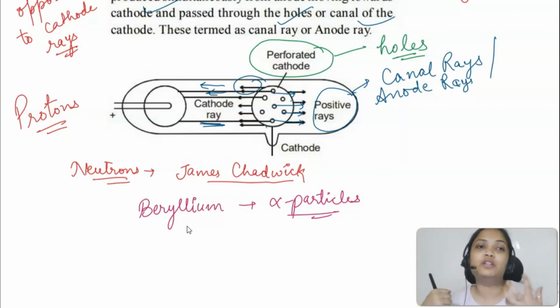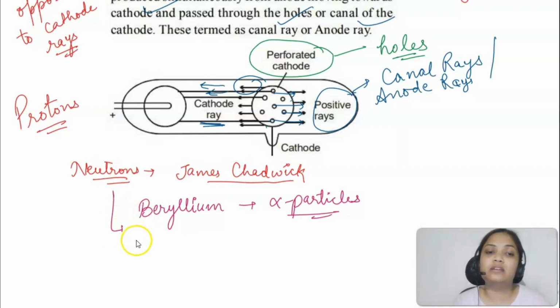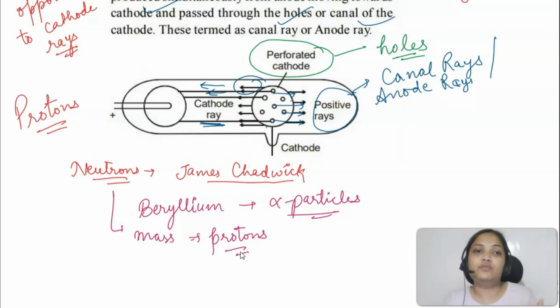It was difficult to observe them, but we cannot neglect them because their mass is slightly more than that of the protons. So we cannot ignore it because the mass of the neutrons is adding up to the mass of the atom, right? So by bombarding the beryllium sheet with alpha particles, these neutral particles called neutrons were discovered. That's it. We don't have to go in detail.